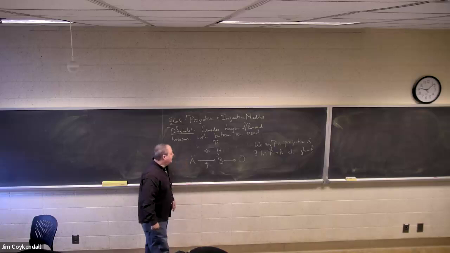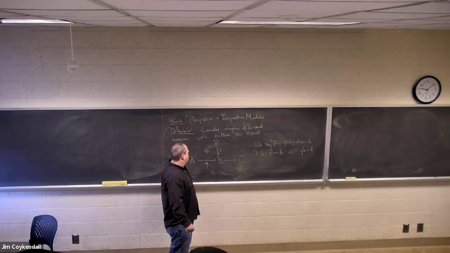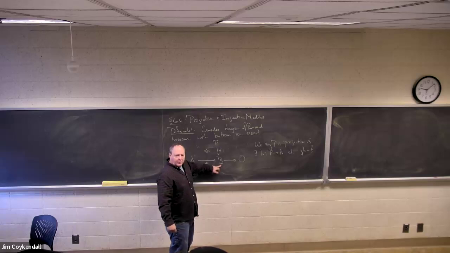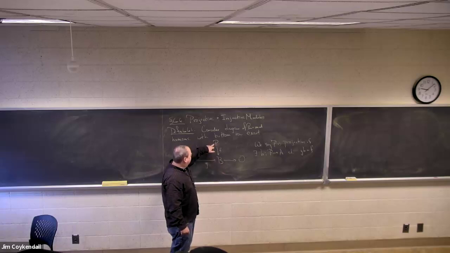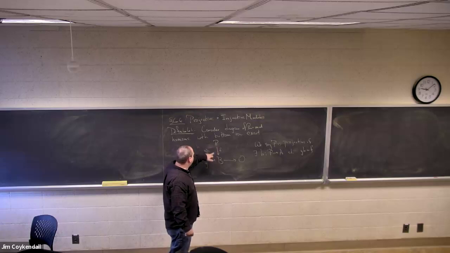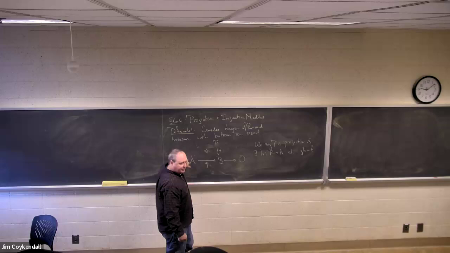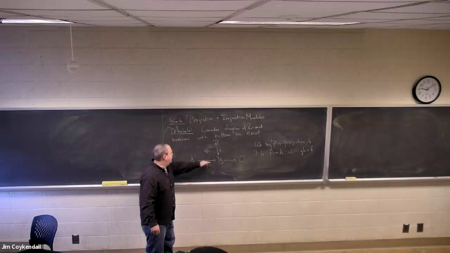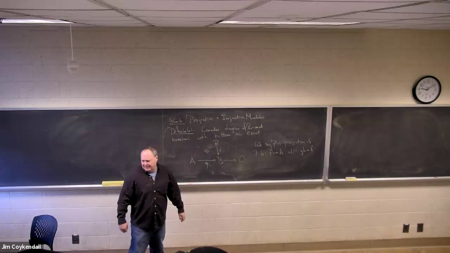So another way to think about this is you think of B sort of as small relative to A, because this map is onto, right? So projective is, given a homomorphism from P to the smaller one, you can lift this homomorphism from P to the larger one. So you can lift this homomorphism F up to the preimage of B, such that this diagram commutes. So that's what it means to be projective.